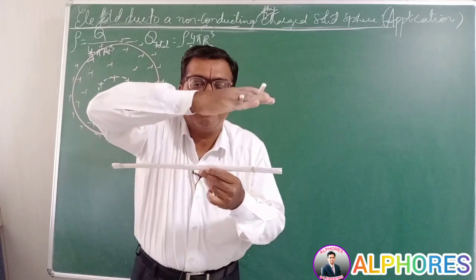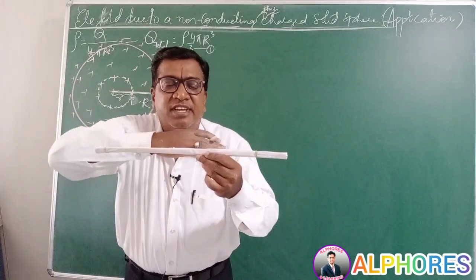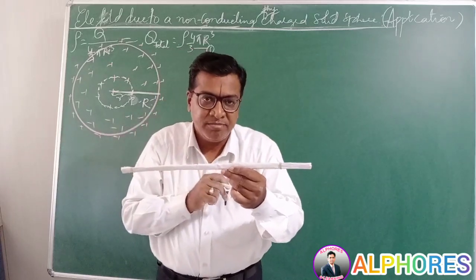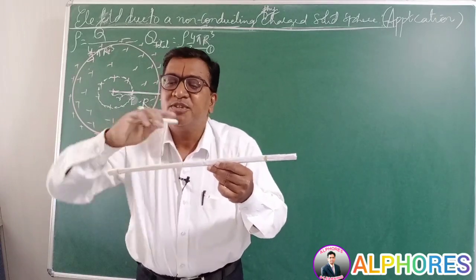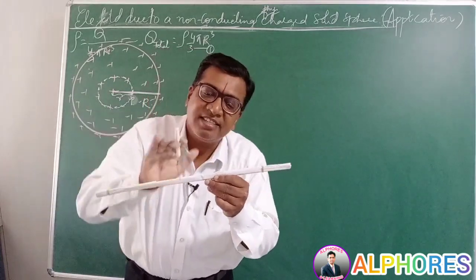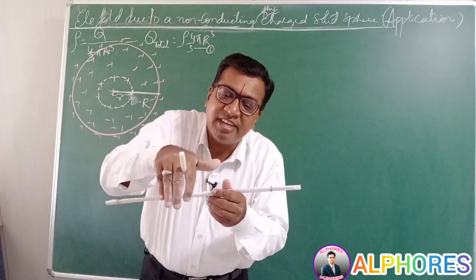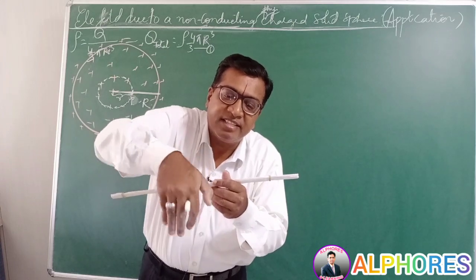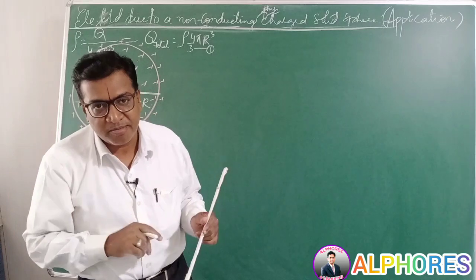The Gaussian surface should be a symmetrical cylindrical surface whose axis is along this line of charge. Again, the direction will be radially outward from it. So when I imagine a cylinder like this, the electric field is along the chalk piece, at any point like this. So at any point, it is the radially outward normal.